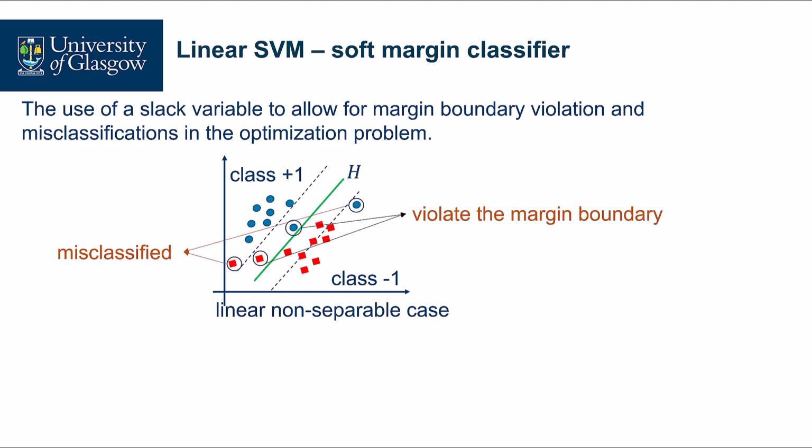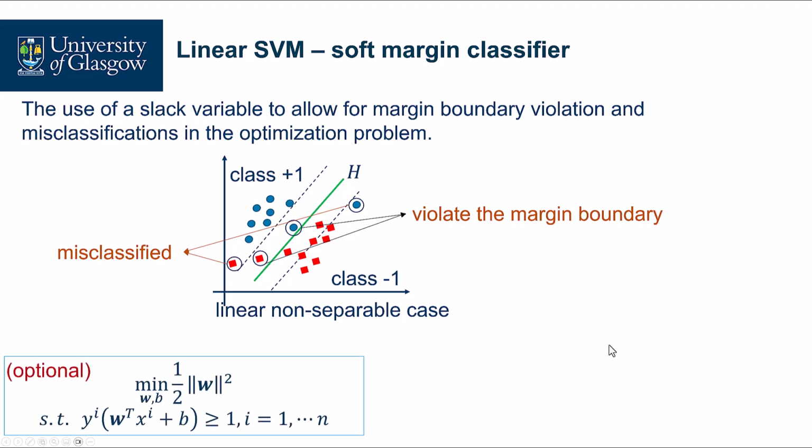And for the three types of support vectors, we can see the type 2 is here and here. They violate the margin boundary, but they are still not misclassified, on the correct side. And the type 3 points are already misclassified, and we need to allow them to some extent.